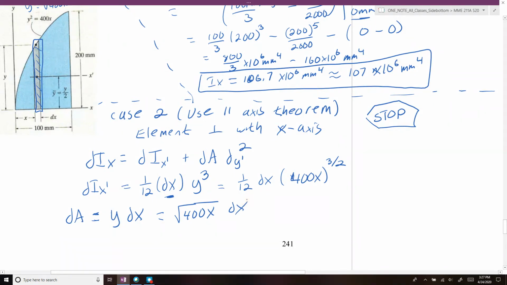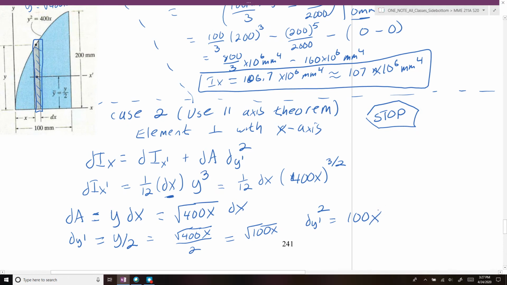And then for dy prime, that's the distance from the x-axis to the centroid, so that's equal to y over 2. We know y is equal to the square root of 400x, divided by 2. If we bring the 2 into the square root, we get just the square root of 100x, and then dy prime squared is equal to 100x.